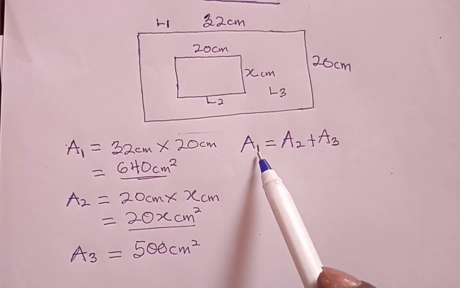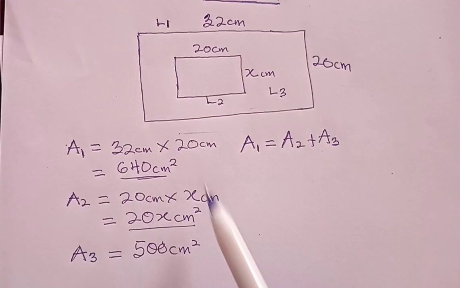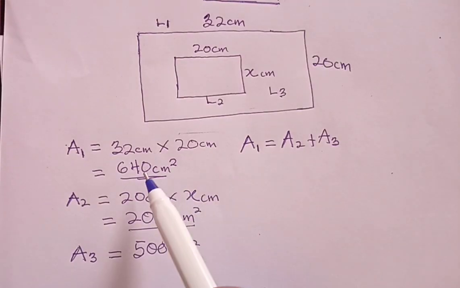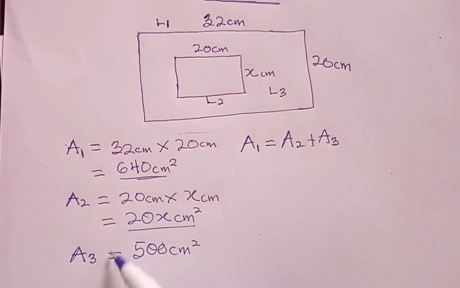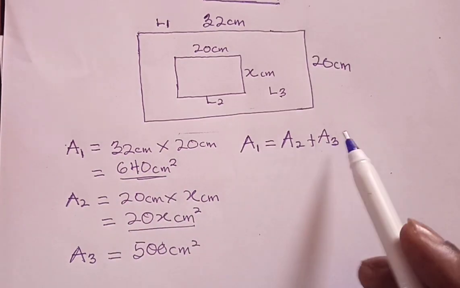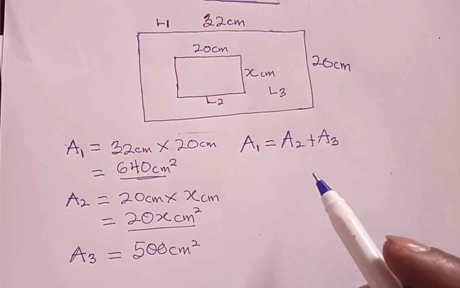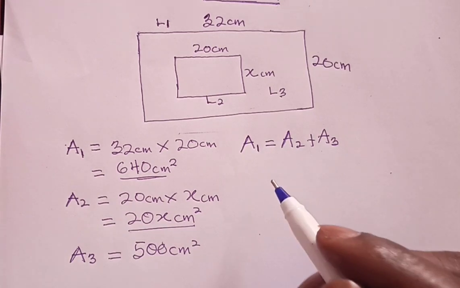Then I'm getting the area for the whole plot of land. And since we have already calculated all of them, we can just do substitution and look out for the value of x.